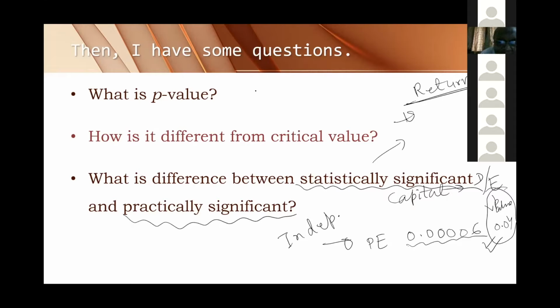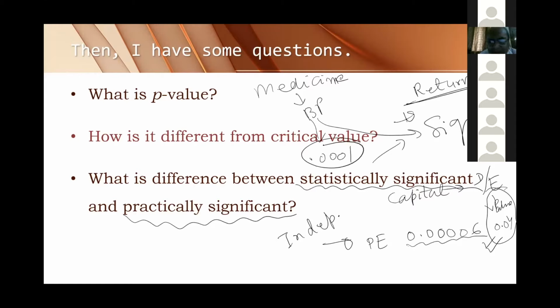Suppose we are trying to check the impact of a medicine on the BP level of a patient, and we find the results are significant. But BP is reduced by 0.0001. That may not be of practical significance, though statistically it is coming to be significant.